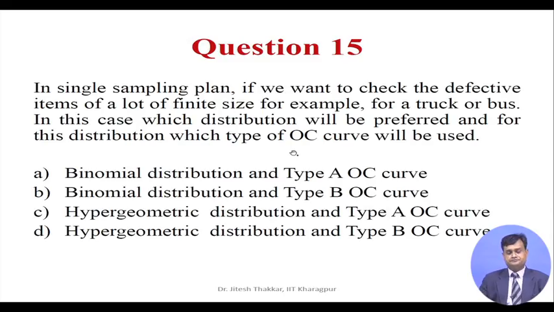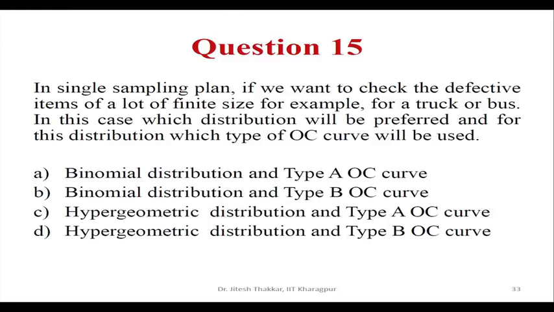Question 15. In single sampling plan, if you want to check the defective items of a lot of finite size, for example, for a truck or bus, in this case which distribution will be preferred, and for this distribution which type of OC curve will be used. Just to remind you that in the video lecture you have learned about the distributions applied in such kind of situation and also type A and type B OC curve for finite and infinite lot inspection.